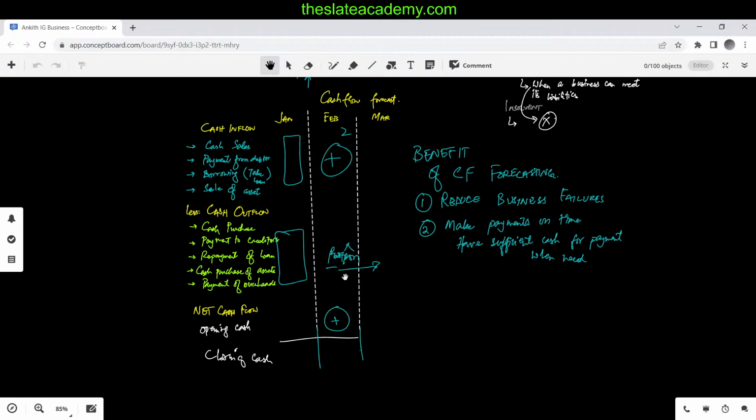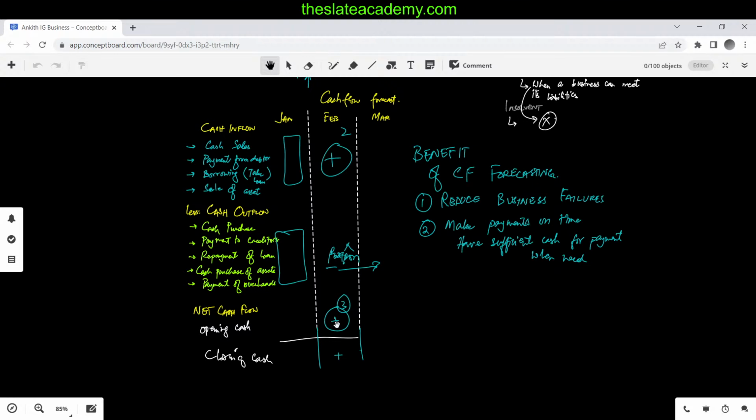The third option is that I have a strong opening cash for the month of Feb, so that I'm able to make this payment from this. If I've got big opening cash, then that negative cash flow situation can be averted. I can still end up with a positive cash flow, right?